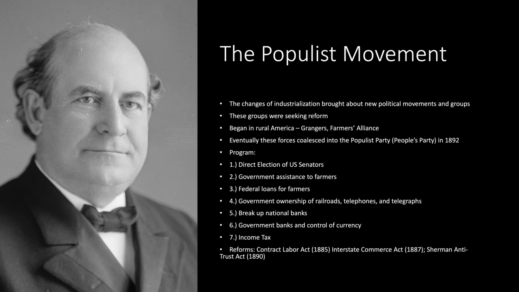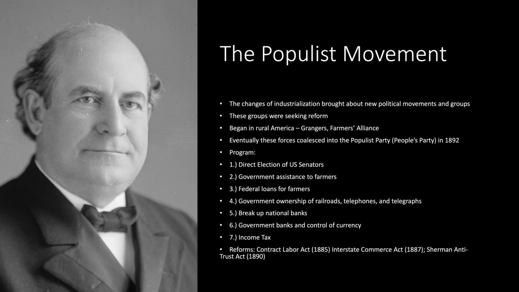There was also a movement within the reformers called free silver, which basically wanted silver coinage to supplement the gold coin. And all this was really about creating a currency value that was more heavily regulated by the government and more favorable to farmers and to consumers as opposed to big business interests.